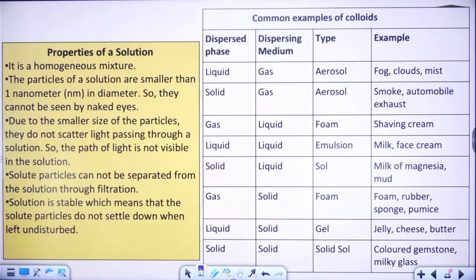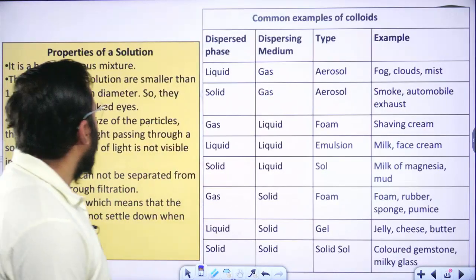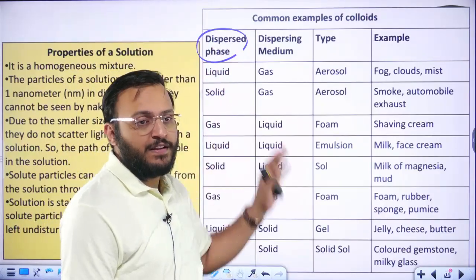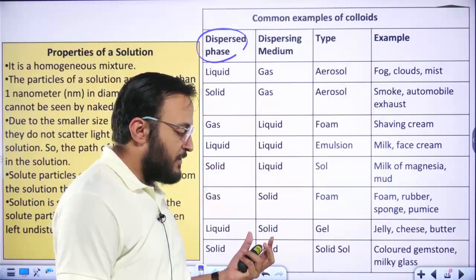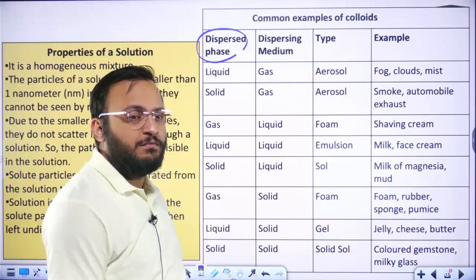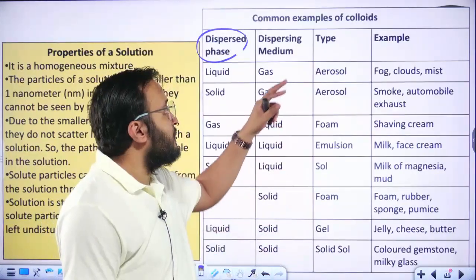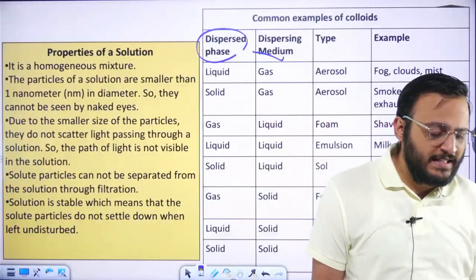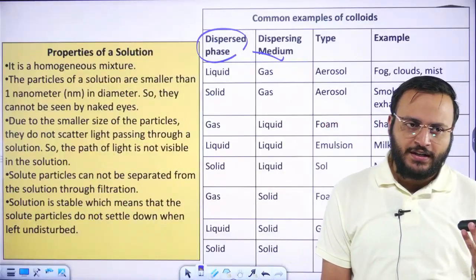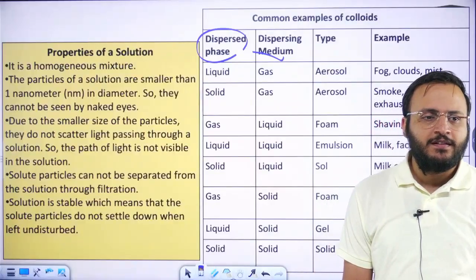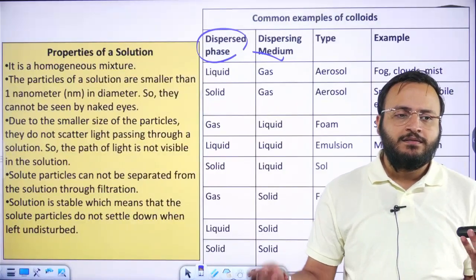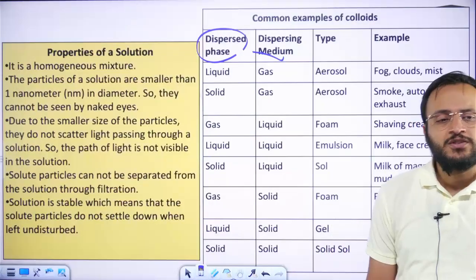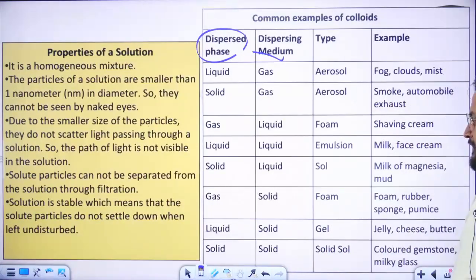understand it with the examples now. So guys, here let me tell you, there is one dispersed phase. Dispersed phase means what? The phase which is dispersed into some sort of medium. Okay, now that is called dispersion medium. For example, suppose I take this particular solid, and thereafter we put some sort of liquid into it, or say solid into it, then what do we come across?